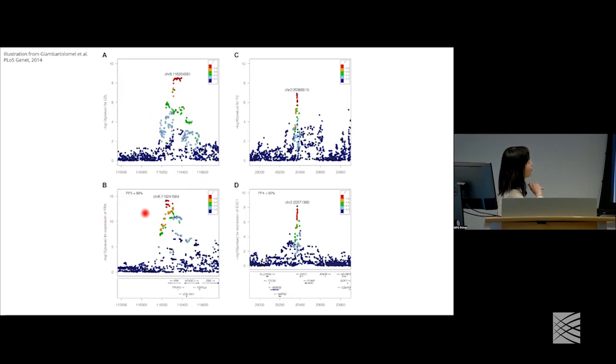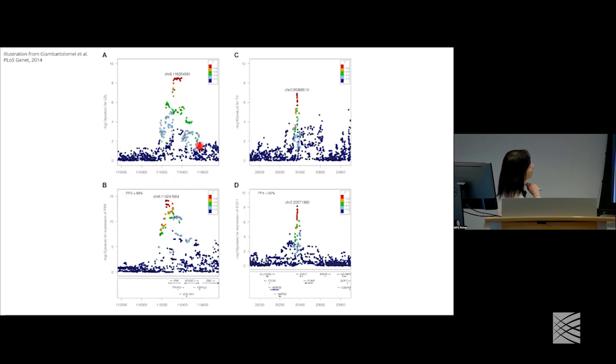What the co-localization analysis does is estimate the probability that these two signals are shared. As you can see from the location, the peaks of these two signals are actually different. So that's why the analysis gives a PP3 of 99%. PP3 means these two signals are not shared.